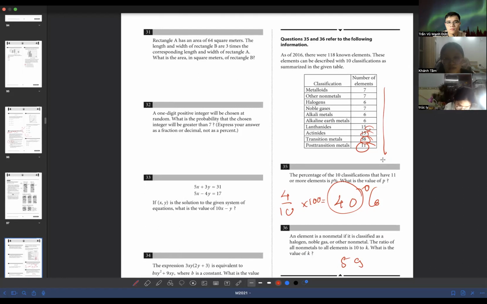Oh, the total number of non-metal elements is 6 plus 7 plus 7. Very good.